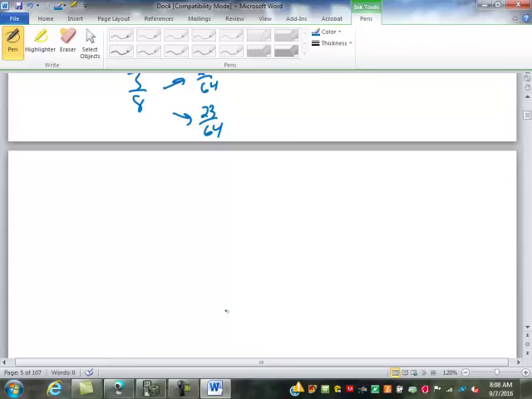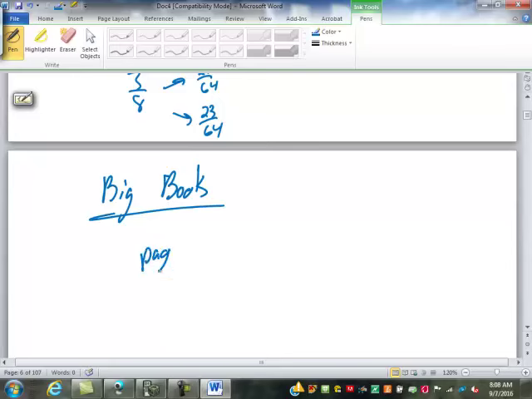Okay, so today your homework's going to come out of the big book. It is on pages 74 through 75. It's exercise 2-17, 1 through 25, the odds.